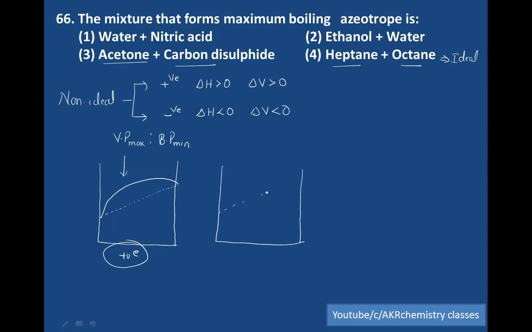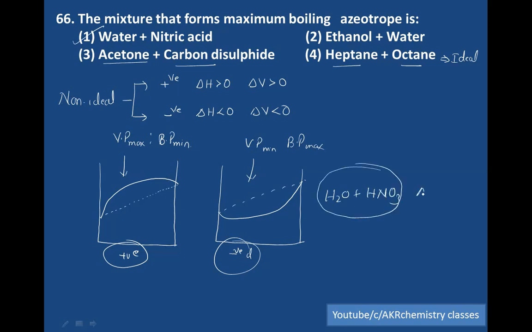With respect to negative deviation, vapor pressure is minimum, therefore boiling point will be maximum. So option A is the right answer, H2O plus HNO3. Whenever an acid is treated with water, it involves the liberation of heat energy. Alcohol, whenever it is treated with water, delta H is positive. So that is positive deviation, and this is negative deviation.